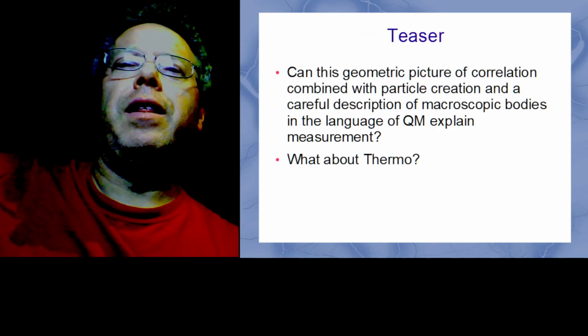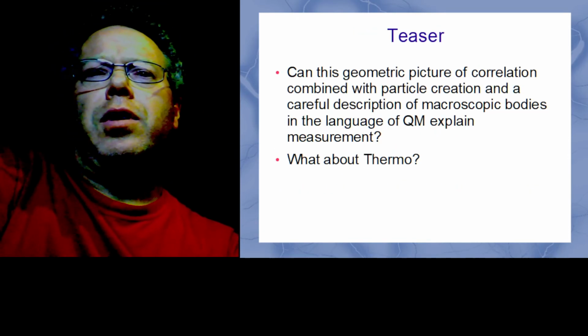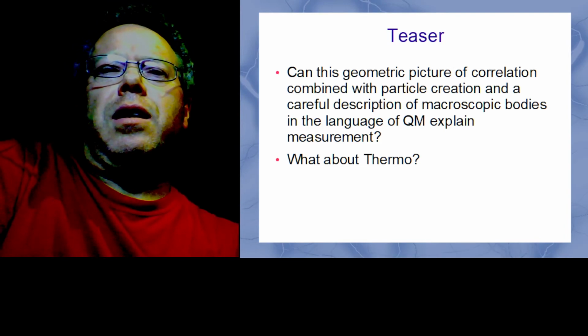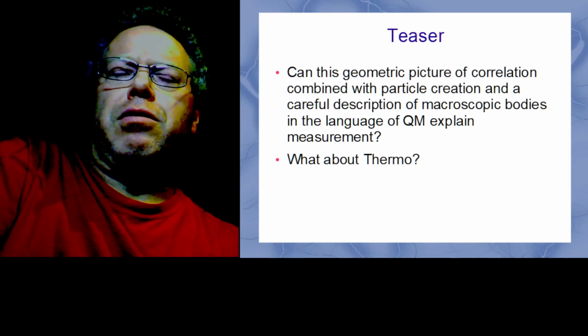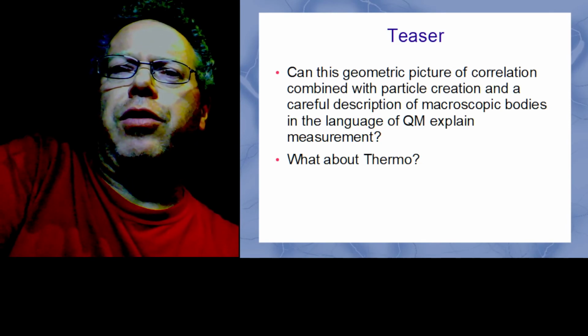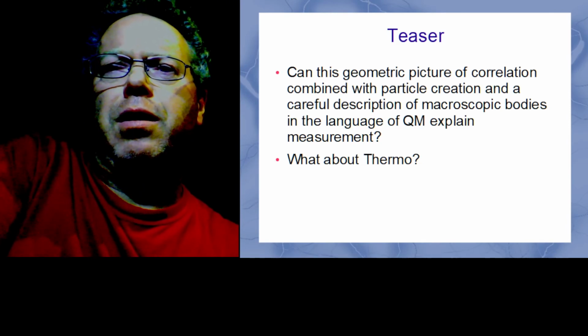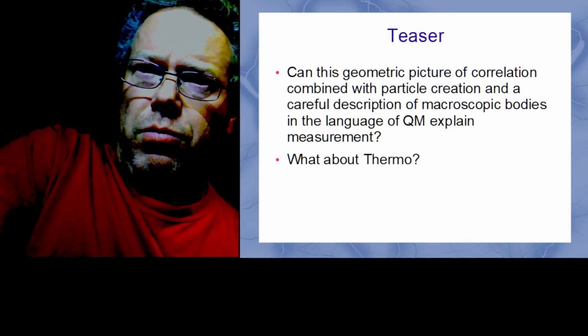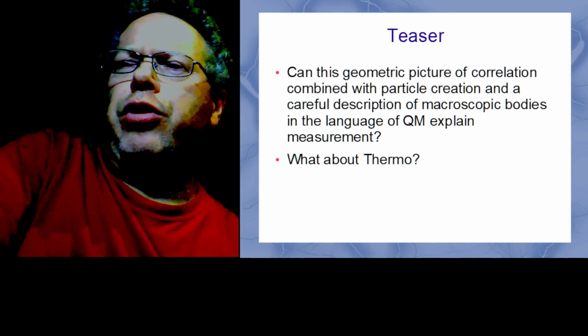Now, the final thing I wanted to bring up here is whether this geometric picture is somehow useful to make progress on some of these other problems that we have. Could we use it to explain measurement?